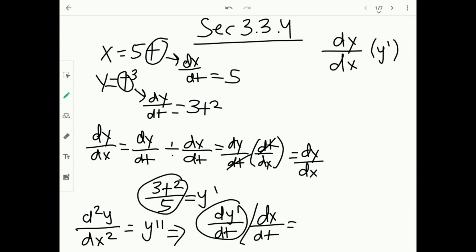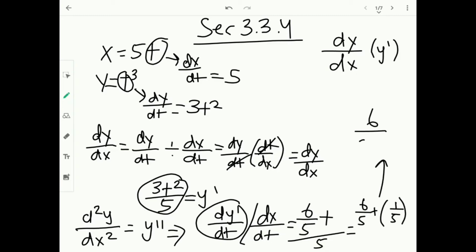Well, for that you have to derive that, 3 over 5 times 2t is 6 over 5t. All of that over 5, if we simplify, 6 over 5t times 1 over 5, leading us to 6 over 25t. Excuse me. And this is the second derivative.